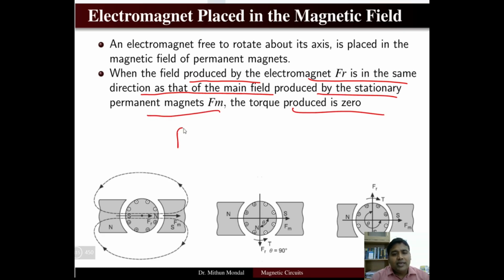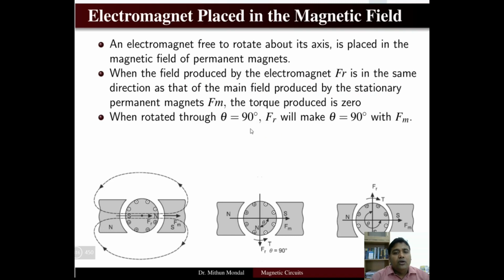So always the case where FM, that is the main field, is in line with the rotating field FR, in that case the torque produced will be zero. And this is when you have rotated at 90 degree, FR will make theta 90 with FM.